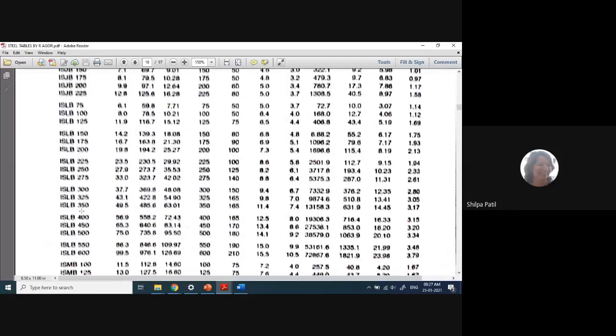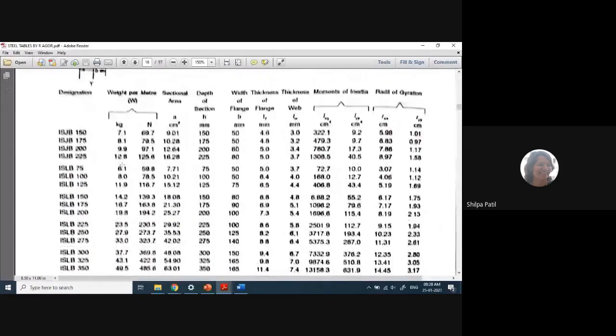Yes, ma'am. So ISLB 450, 65.3 kg per meter. This is the weight. I will go a little bit up. First column indicates weight in kg per meter. Second indicates weight in Newton per meter. Third column gives the values of cross-sectional area. Fourth gives the depth of the section.